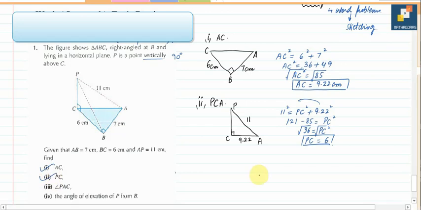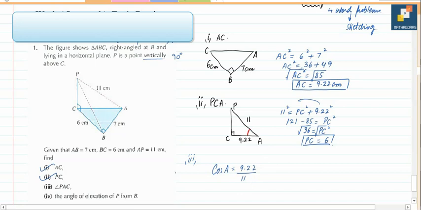In the third part it says PAC. Now PAC means that you need to find this angle. So since we are dealing with a right angle triangle, we can apply sin cos tan here and in our case we need to apply cos. For part 3, cos angle A is equal to adjacent divided by hypotenuse.